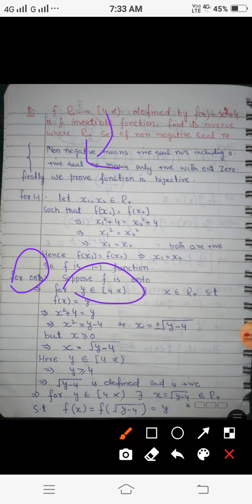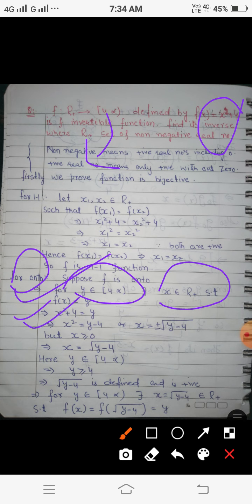When it is onto, this means that there exists x belonging to R+ such that f(x) = y. Now x² + 4 = y, because f(x) is defined by x² + 4, or x² = y − 4.